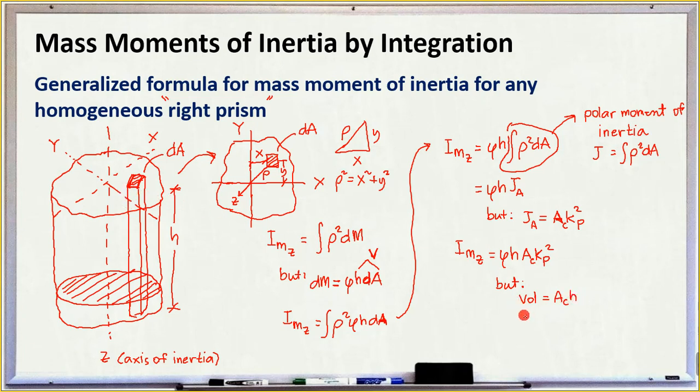And we all know that the mass is just equal to the density times the volume. Therefore, we can reduce this: the moment of inertia of this object along the z-axis is simply equal to the mass m times the polar radius of gyration squared. This is the generalized formula for any homogeneous right prism.